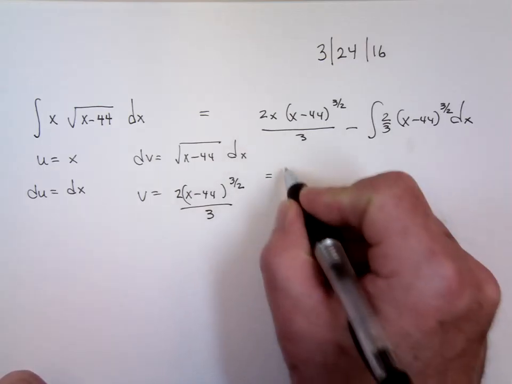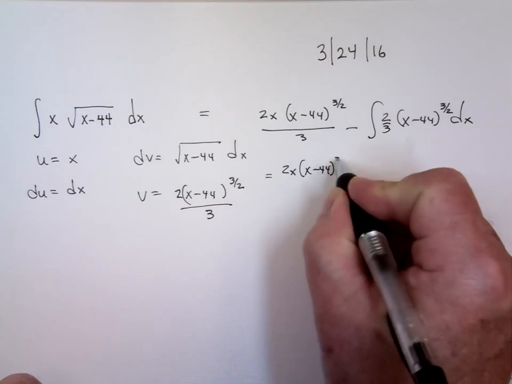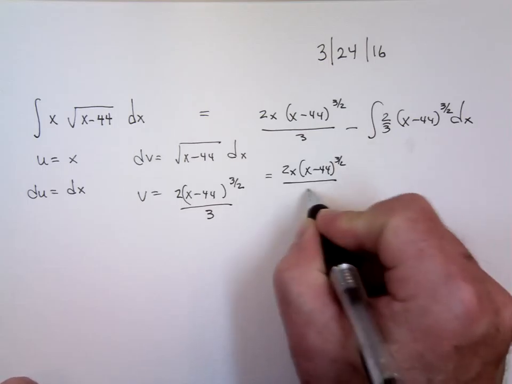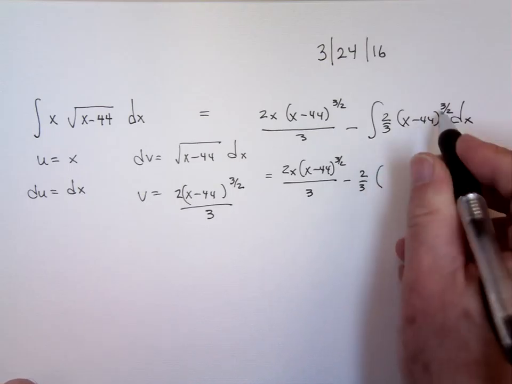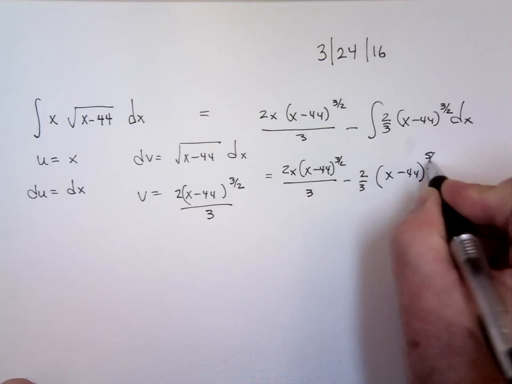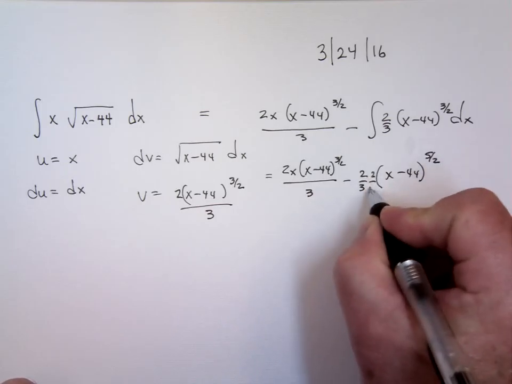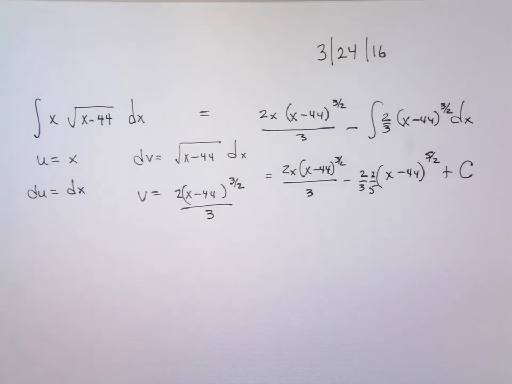So we get 2x times x minus 44 to the 3/2 over 3, minus the 2/3. This is u to the 3/2, so it would be x minus 44 to the 5/2 times 2/5, plus c. And that would be it.